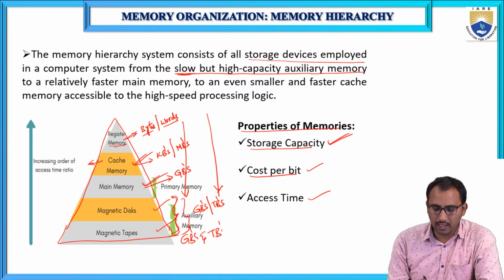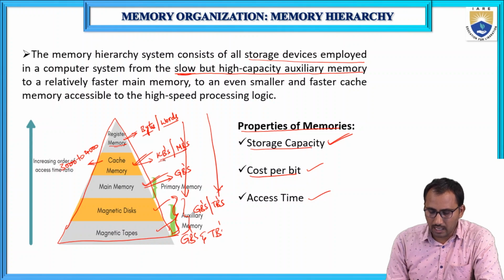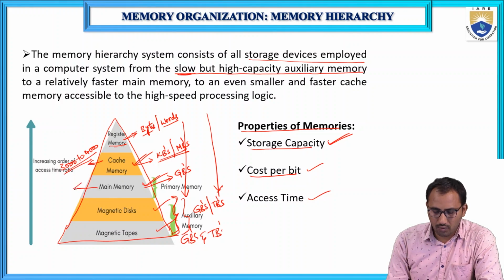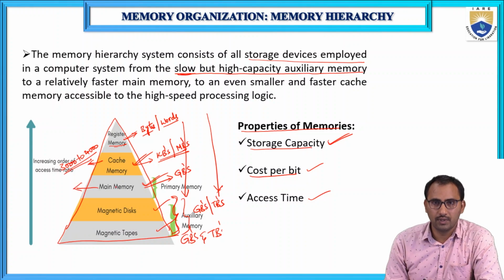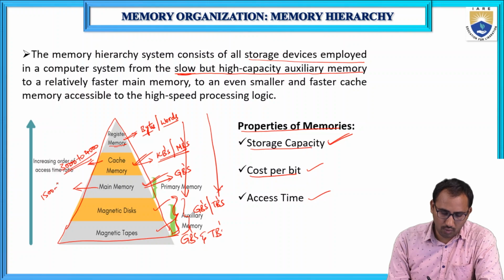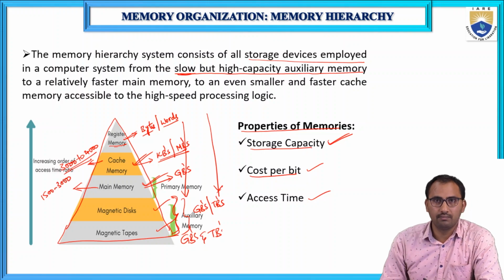The cache memory costs around 3,000 to 4,000. It is available in KBs, but the cost is very high, 3,000 to 4,000. After that, the main memory is available from 1,500 to 3,000.